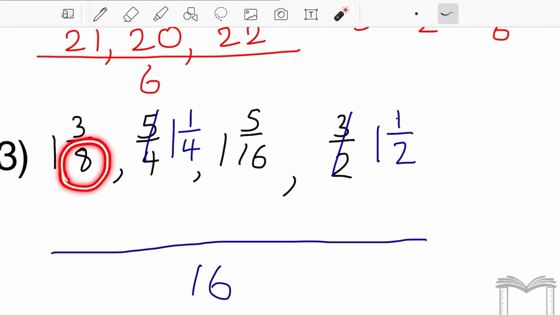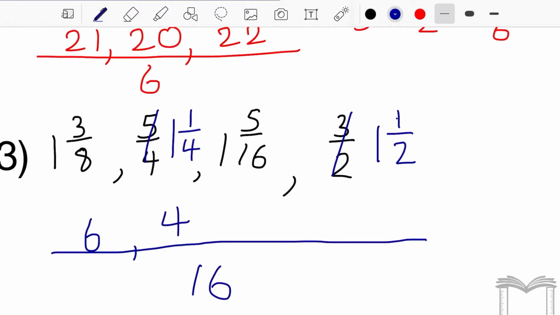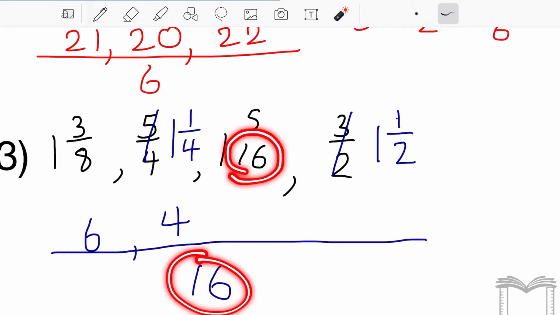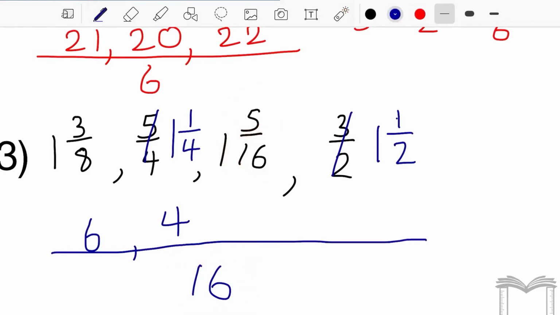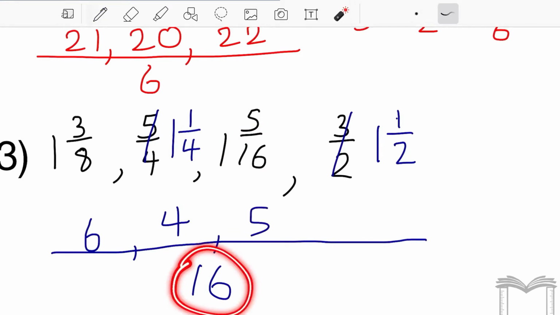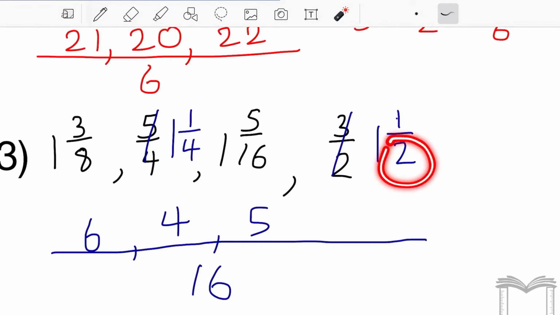So 8 into 16 is 2. 2 times 3 is 6. 4 into 16 is 4. 4 times 1 is 4. 16 into 16 is 1. 1 times 5 is 5. 16 divided by 2 is 8, and 1 times 8 is 8.